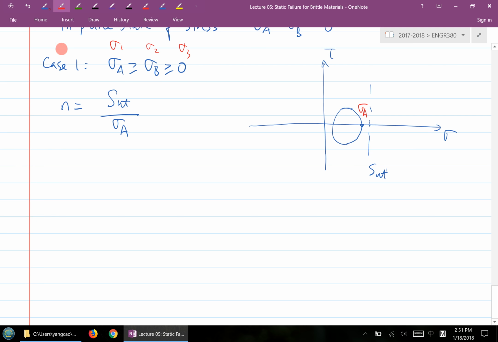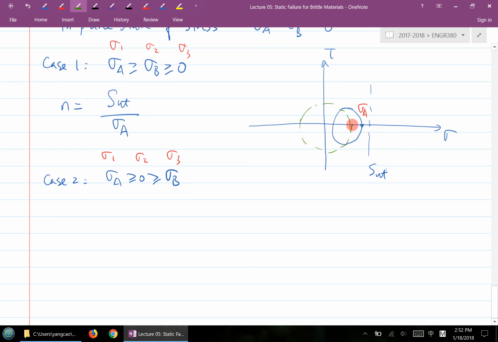Now let's look at case number 2, which is sigma A greater than 0 greater than sigma B. For this case, your sigma 1 is here, sigma 2 is here, and sigma 3 is here. If I draw a Mohr circle, because this is greater than 0 and this is less than 0, the Mohr circle will be somewhere like this.